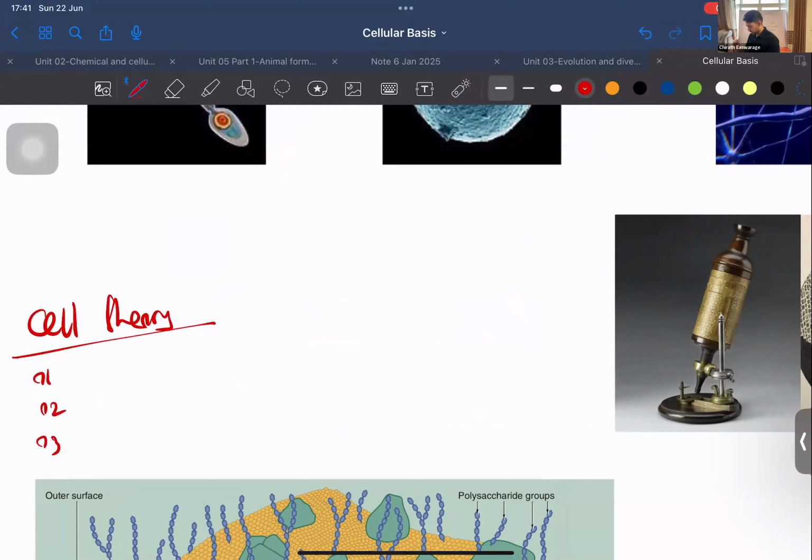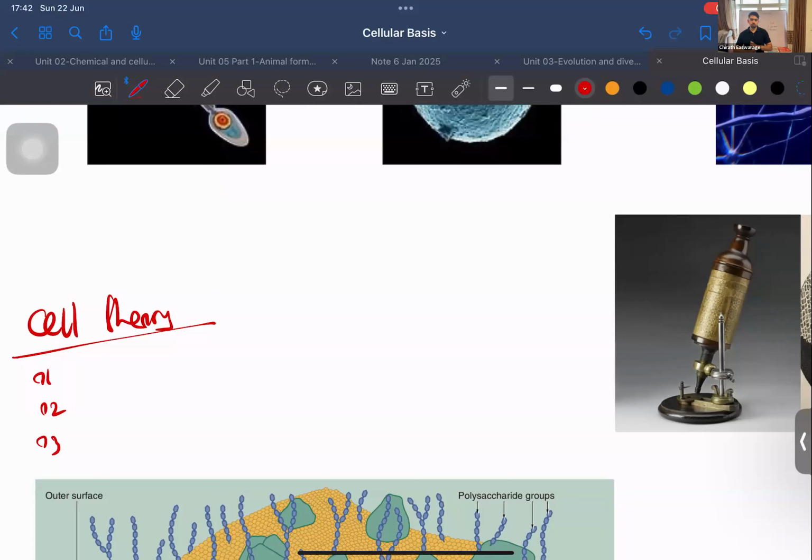These three points you have to know by heart. Number one, all organisms are composed of one or more cells. Number two, the basic structural and functional unit of life is the cell. And number three, all cells arise from pre-existing cells. This is the cell theory. You have to know these three by heart.